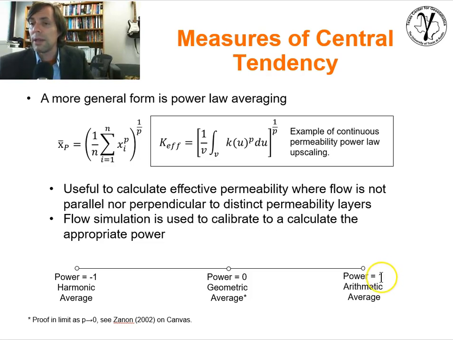If you put 1 in this equation, you'll see it simplifies down and just becomes the arithmetic average. So you can see how you can move from -1 to +1, harmonic average to arithmetic average, and by varying the power, you can explore the space in between. What's very interesting, if you put a power of 0, you actually get the geometric average.